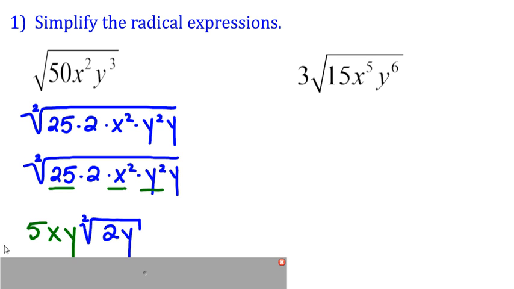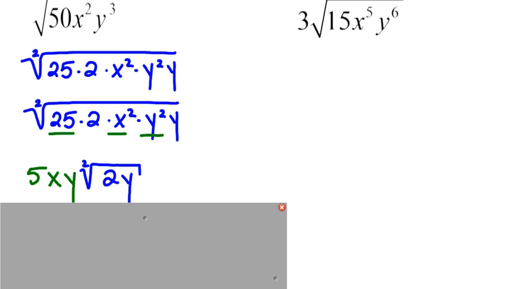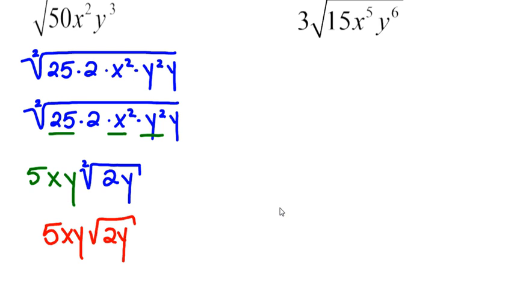So those are now in the exterior of the radical. What's still left in the interior? 2 and y. So the square root of 50x squared y to the third simplifies to 5xy times the square root of 2y.